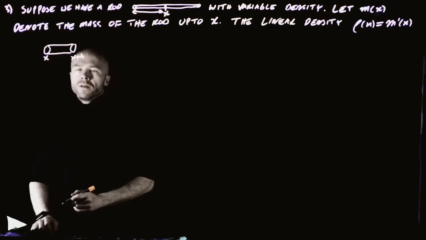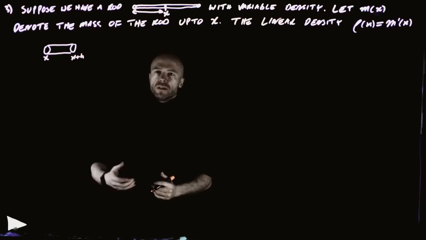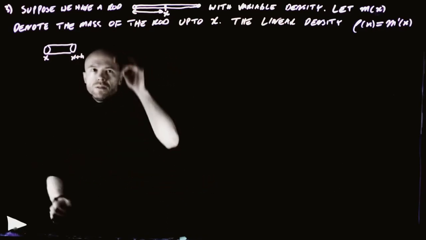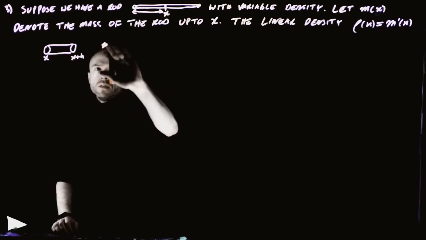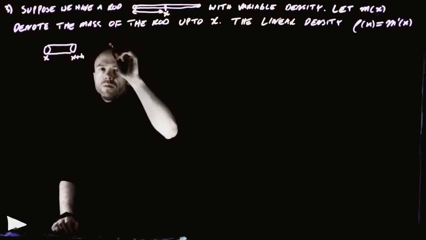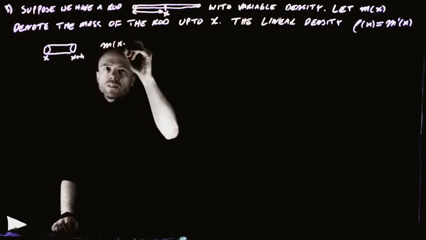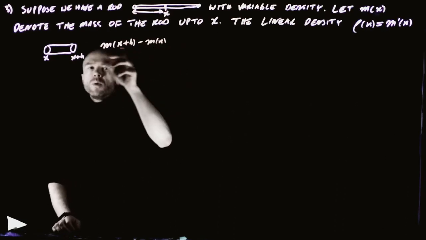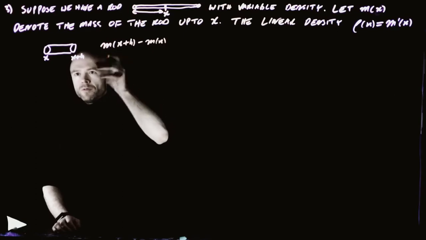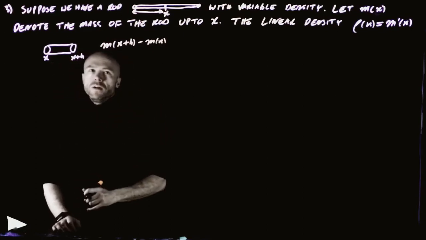Right? So if we want to get some idea what the density of the rod is, what are we going to do? Well, if we just look at the mass of that little piece, the mass of that little piece is going to be given by m of x plus h minus m of x, right? It's the mass all the way up to x plus h minus the mass before. That's the mass of that little piece. Yeah?